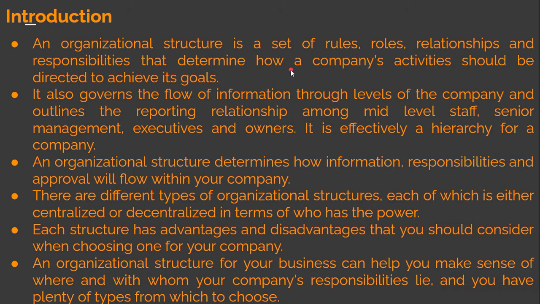The organization chart is a pictorial representation of authorities, responsibilities and different levels of management. It shows who is working under whom, who are at the top level, who are at the middle level, and who are at the lower level.